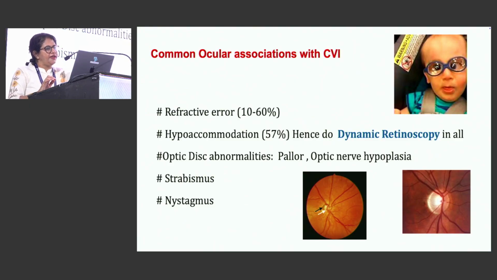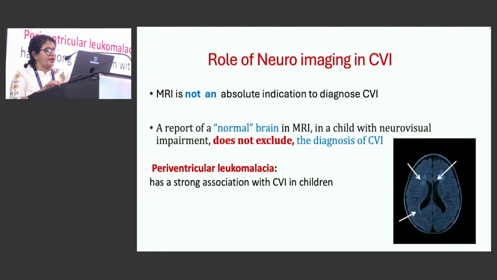So coming to the ocular associations of CVI, refractive error is the most common. Then hypoaccommodation or difficulty in focusing at near, it is there in 57%. So you need to do dynamic retinoscopy in all cases. Optic disc anomalies, strabismus, nystagmus are other associations.